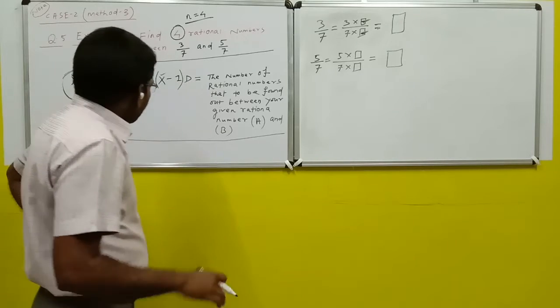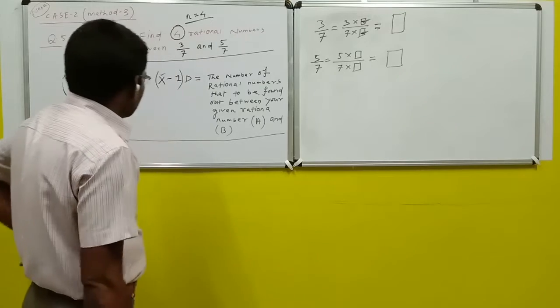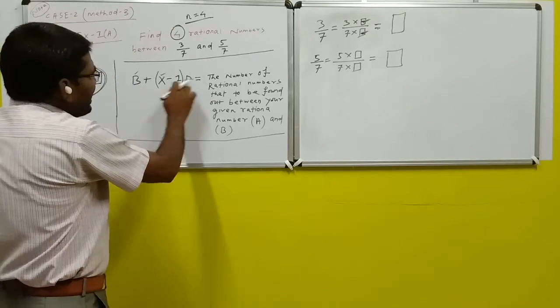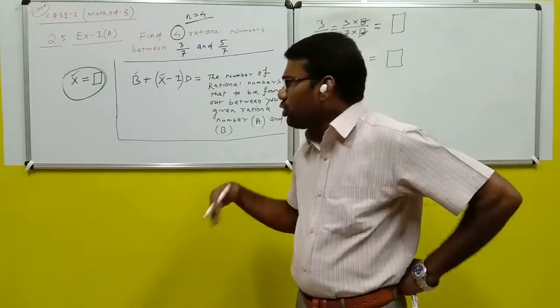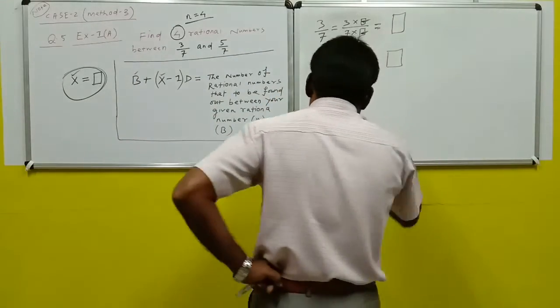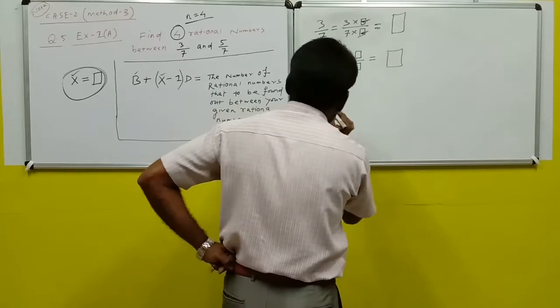So what do they indicate? It means these three variables indicate what things? Mark it.